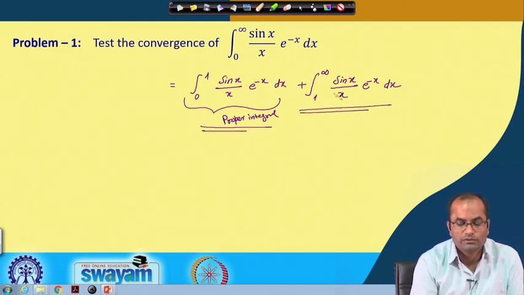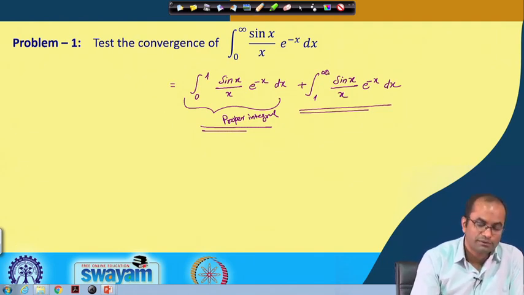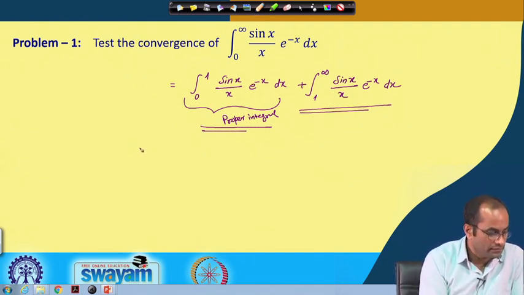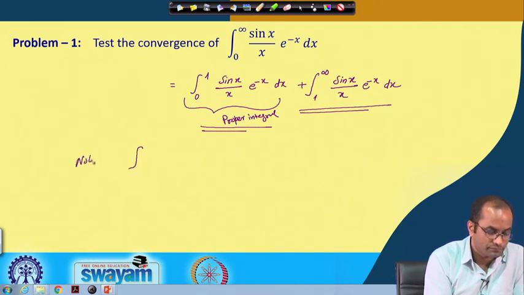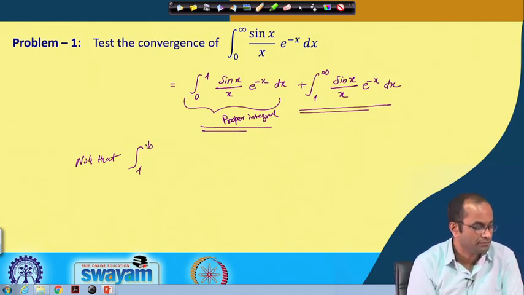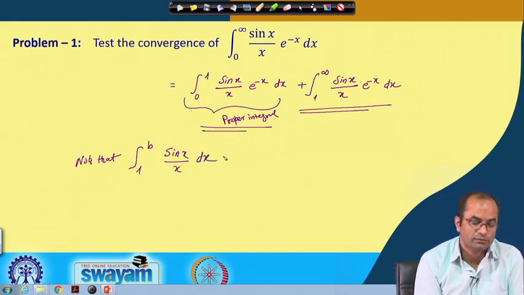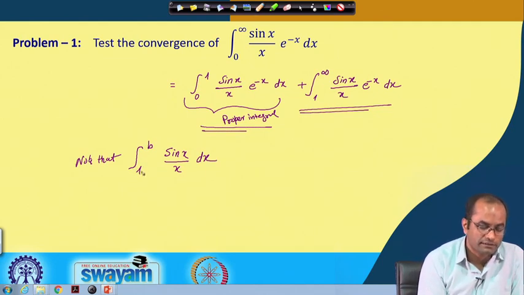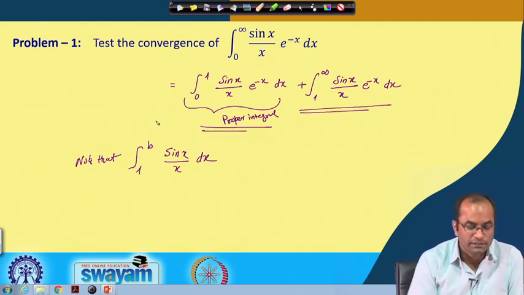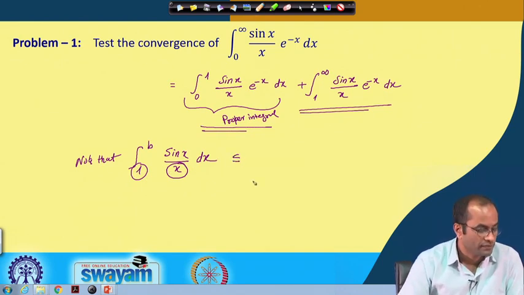The second one, because of the infinity, we have to test what type of result we get from here. So, now we take this integral from a to b. Note that the integral starts at 1 and then above 1 we can take b. If we take the integral of sin x over x dx, where x is going from 1 to any number b, here we can replace x by the minimum value, so the integral will be the larger one.